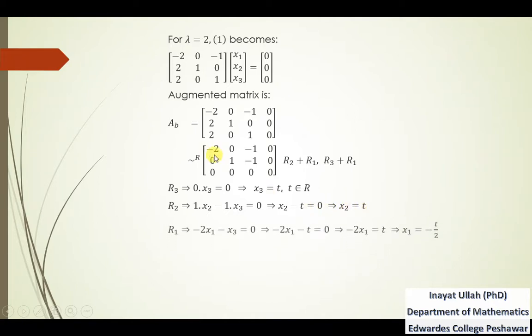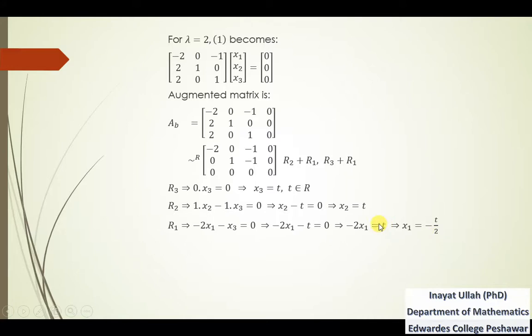And row number 1 implies minus 2 into x1, 0 into x2 is 0, minus 1 into x3 is equal to 0, and replacing x3 by t from here, shifting this t towards the right side to get this equation, dividing by minus 2 to get x1 equal to minus t by 2.